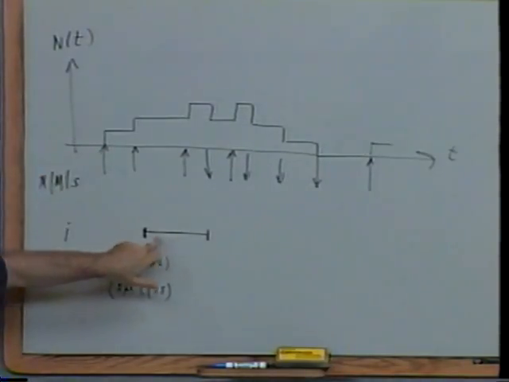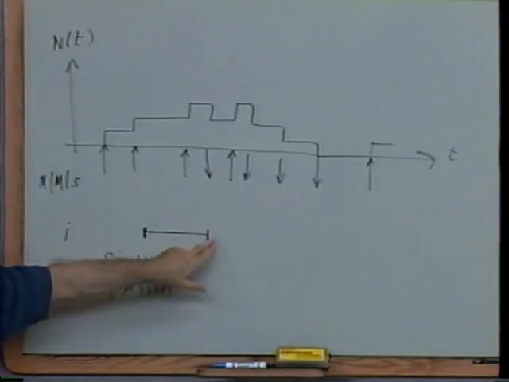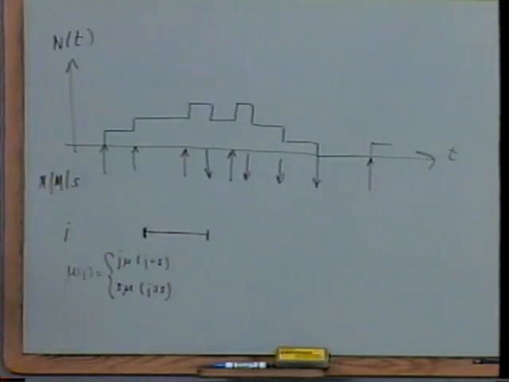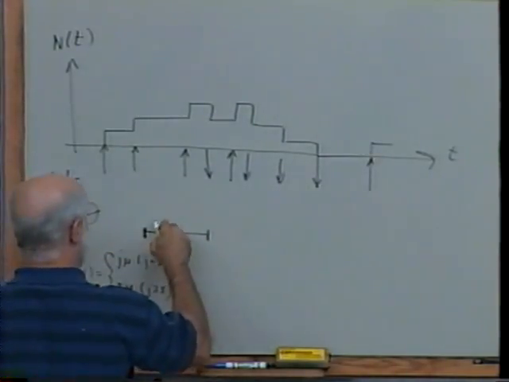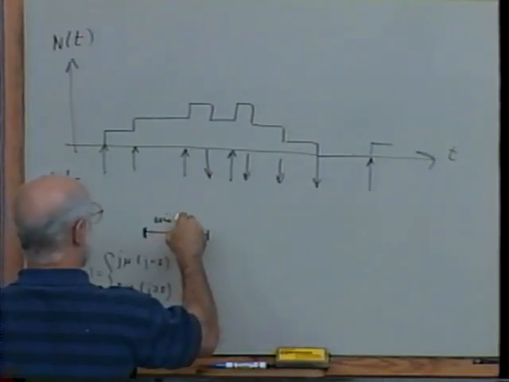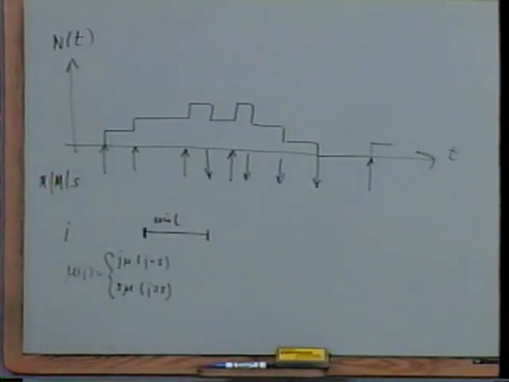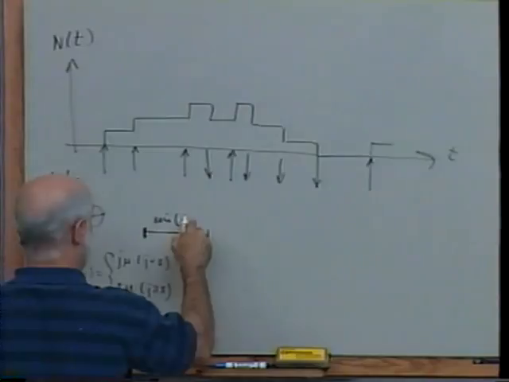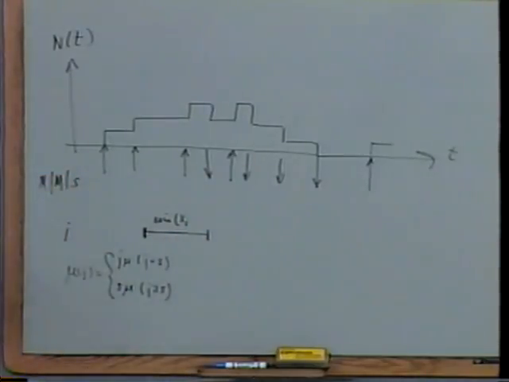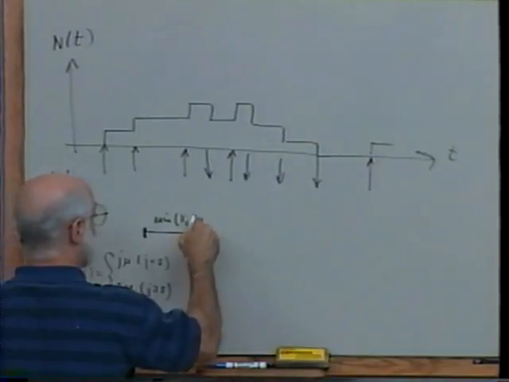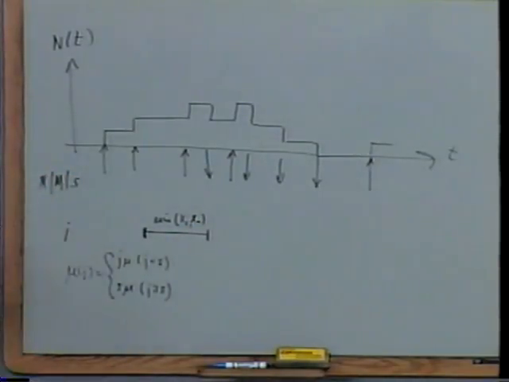From this point until the next event, which is either an arrival or departure, that is going to be distributed as the min of these two random variables, x1 and x2, where x1, let's say, represents the time until the next arrival, and x2 represents the time until the next departure.